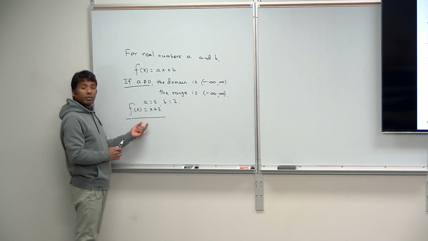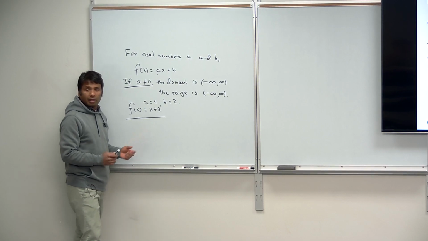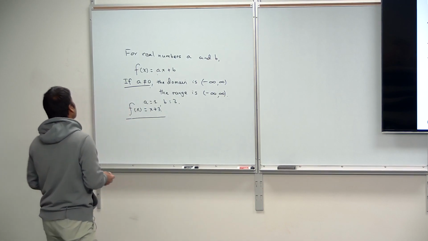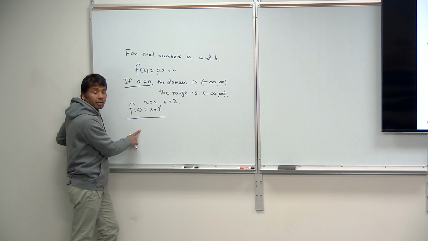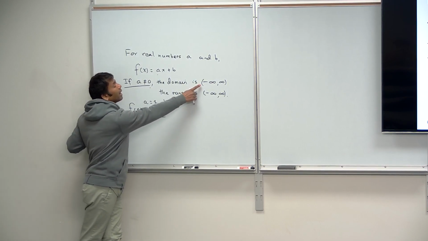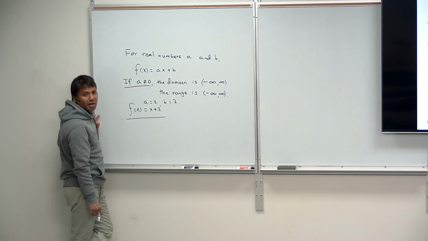This function is good for any value of x, is that right? You can plug in any value of x. So that's why the domain is what? Negative infinity comma positive infinity. You see what I'm talking, right?